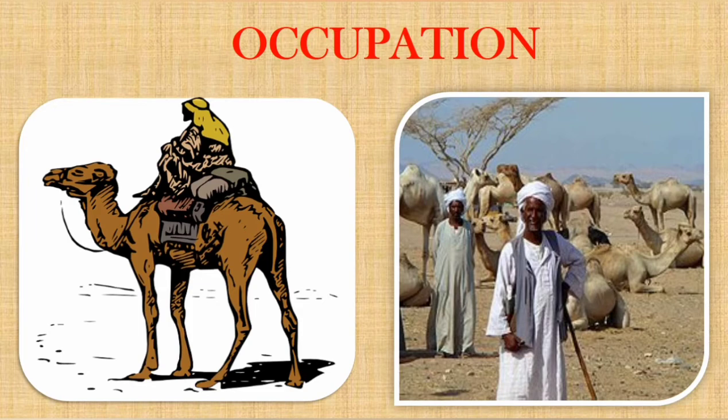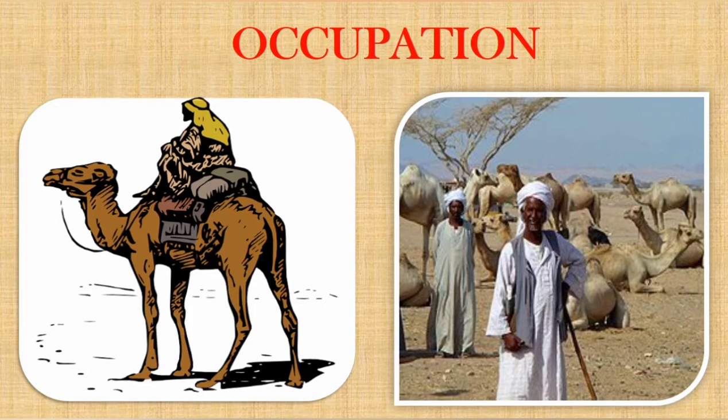They are migrative people. They belong to other places and come and settle down in the desert for a few days and do some other works. They are called nomadic people, nomads, or different tribal people.